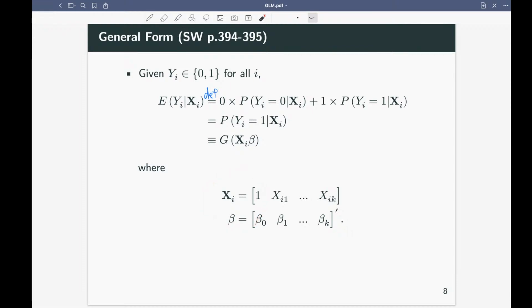We can have the result like this. Here is a transpose. Here is beta 0 plus beta 1 xi1, where i means observation, plus beta 2 times xi2, up to beta k xik.